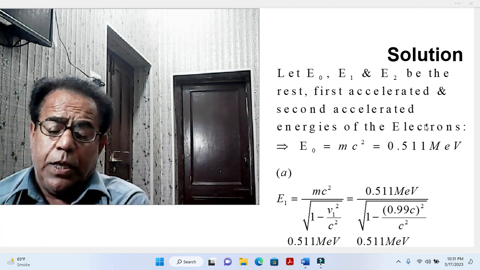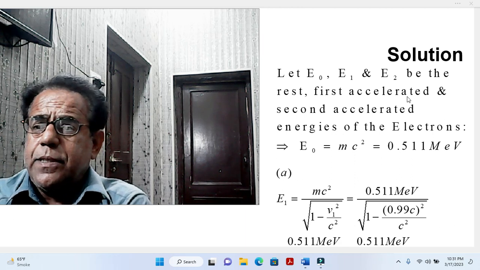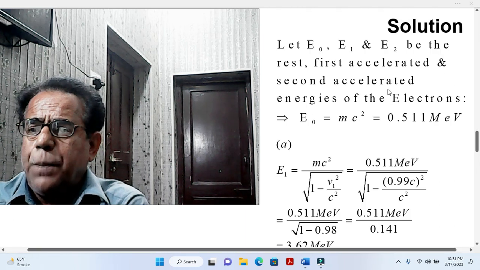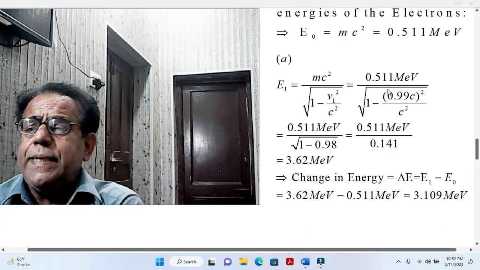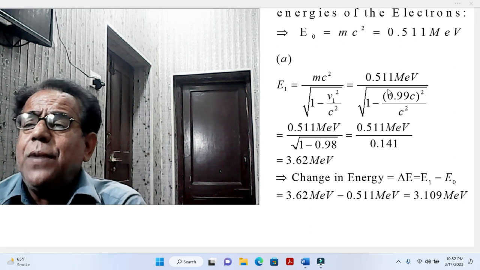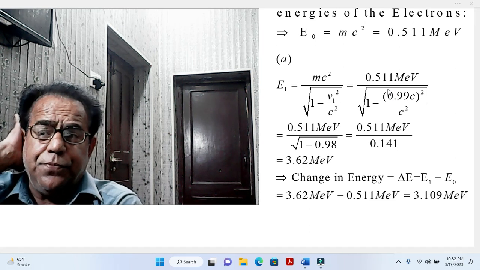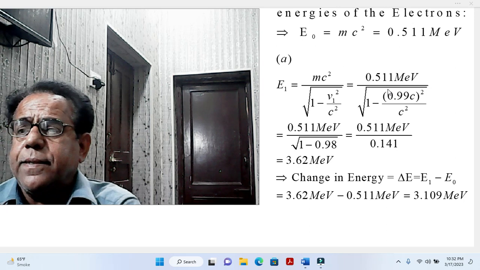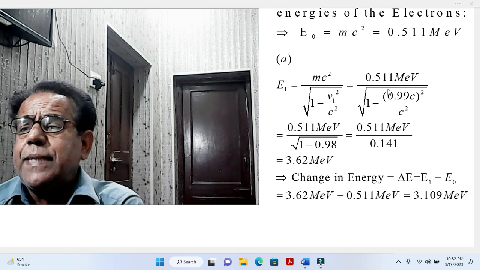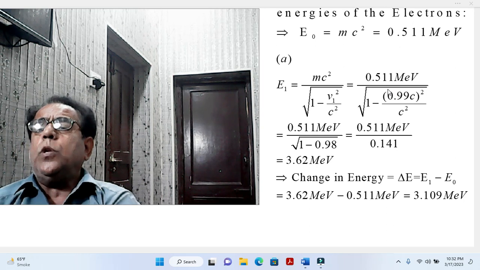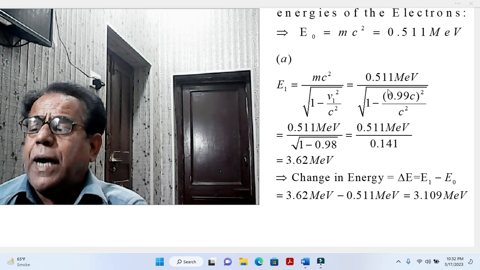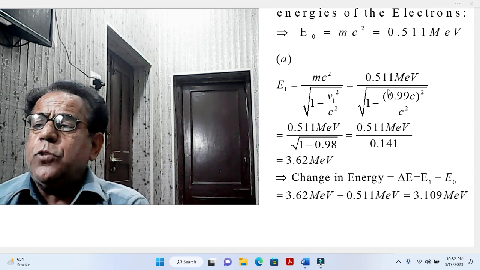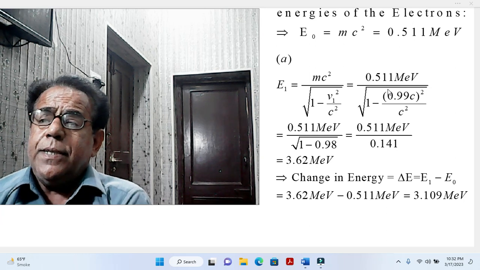Now we come towards the solution of part A. In part A, we will find E1. E1 is equal to mc square over the square root of 1 minus V1 square over c square. Here mc square is the same, as per tool number 2, that is 0.511 million electron volt, or 511000 electron volt, over the square root of 1 minus V1 square over c square.